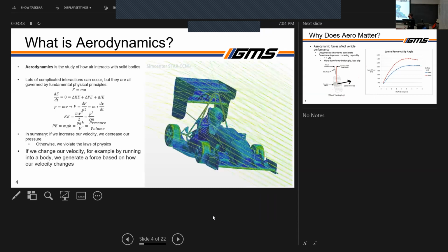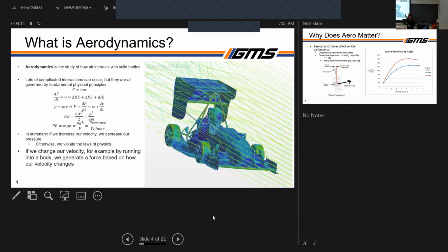That's important going forward because the way we describe our kinetic energy of a fluid, a body, anything is by a mass multiplied by a velocity squared. So if we change our velocity somehow, or more specifically, we change our momentum, then we end up changing our kinetic energy. So if we increase our momentum, then we end up increasing our kinetic energy of our fluid.